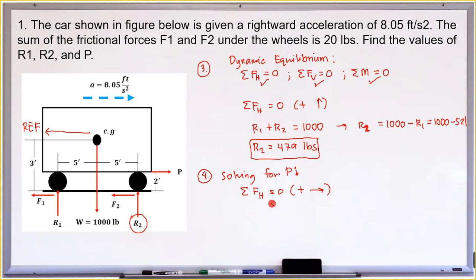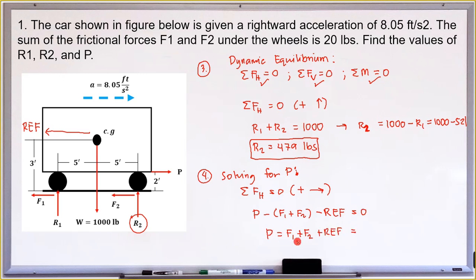So for the forces towards the right, we have P. What else? So P alone. So minus F1 plus F2, the frictional forces, minus the reverse effective force. That should be equal to 0. So therefore our P should be equal to F1 plus F2 plus REF.